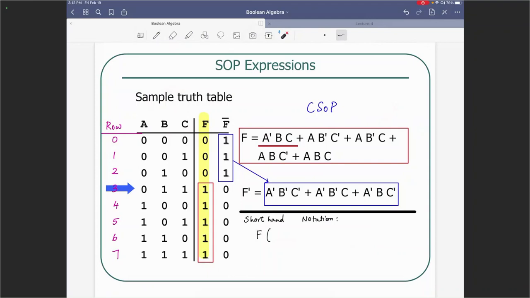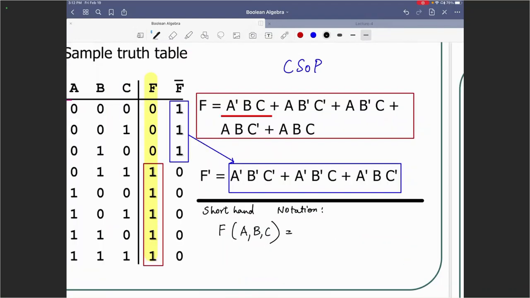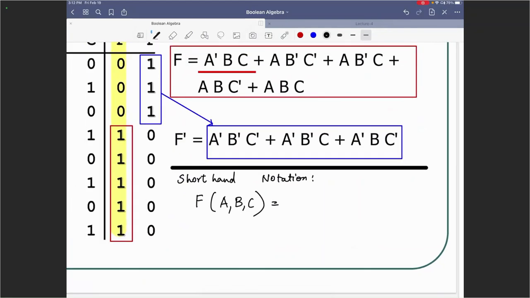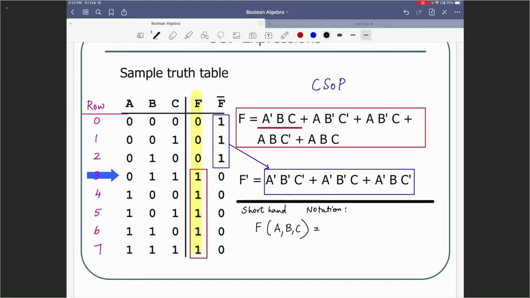So when it comes to the shorthand notation, you absolutely must explicitly write the order of the input variables. So let's do that here: A, B, and C. And I'm doing a sum, right? One way of doing it would be, what do we have here? Minterm 3, minterm 4, 5, 6, and 7.